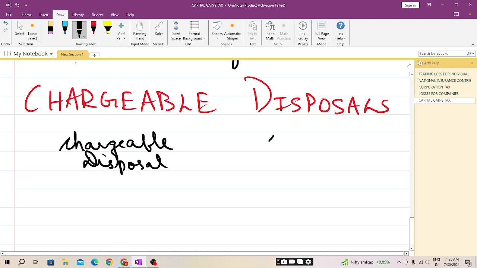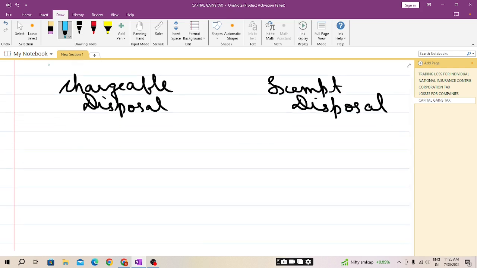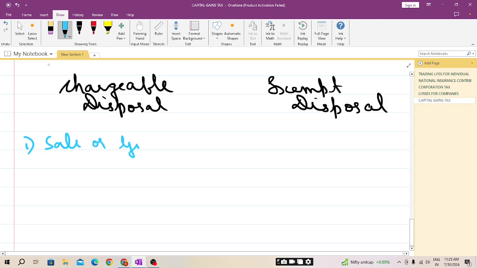Chargeable disposal and exempt disposal. I hope this is clear. Now the chargeable disposal will include, students, sale or gift of an asset. If we sell or gift an asset, it will be a chargeable disposal.